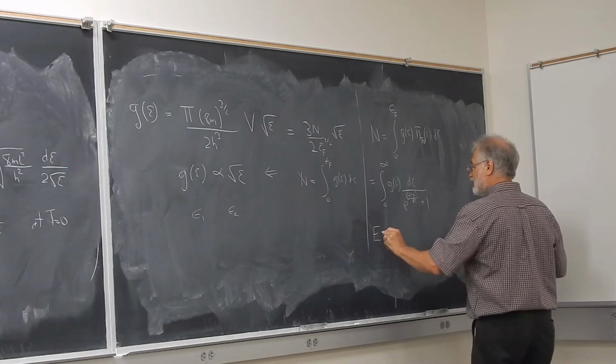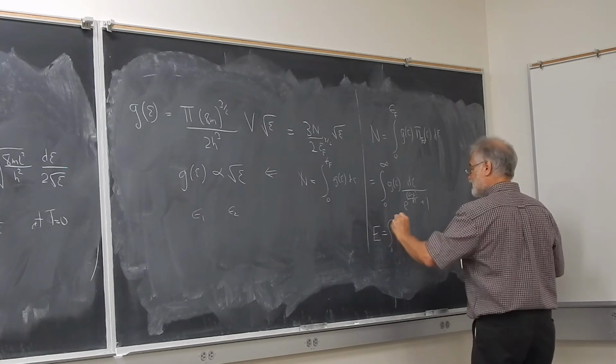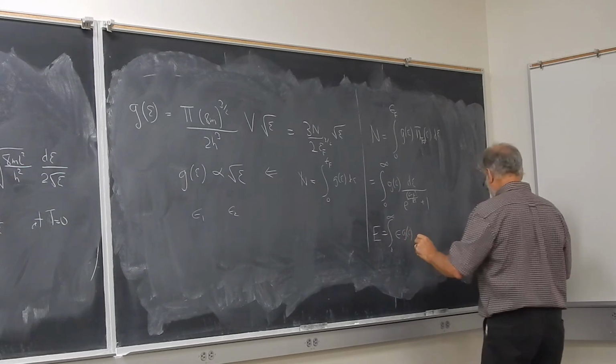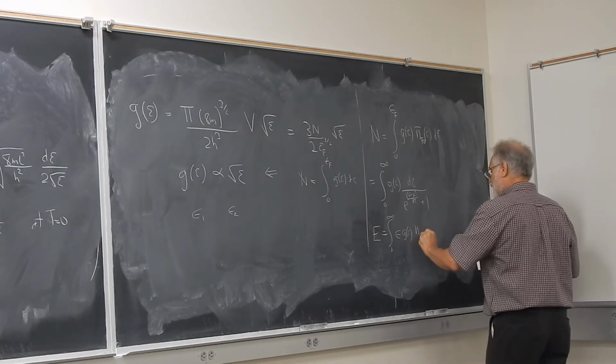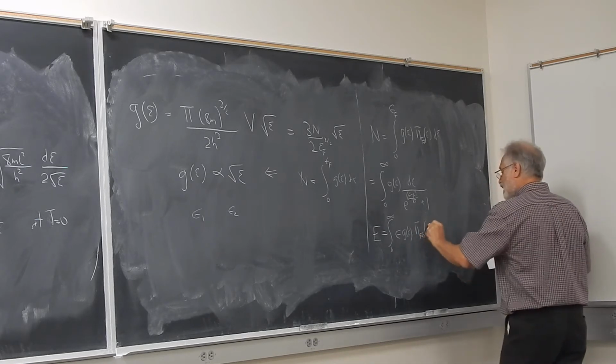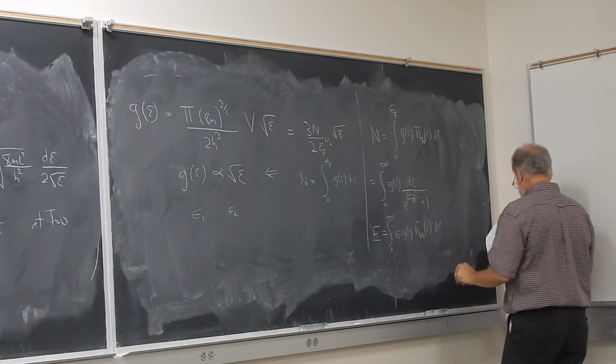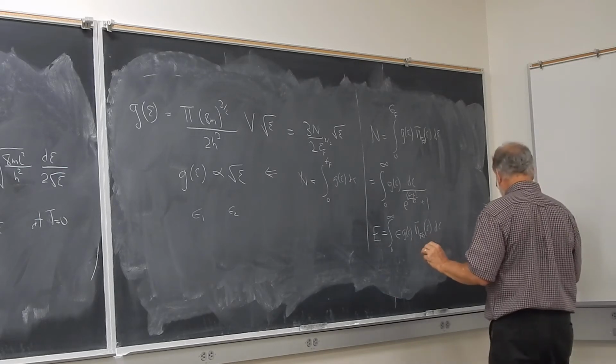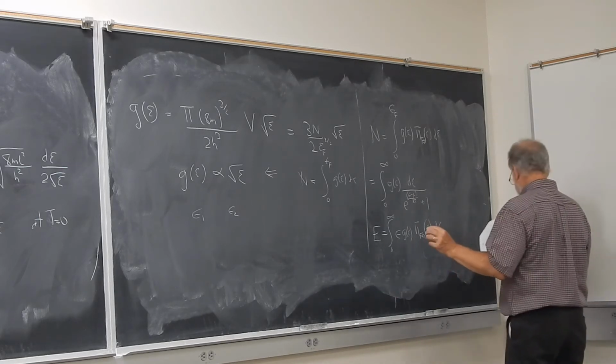The energy then I can write as the integral from 0 to infinity of E times g of E times the Fermi-Dirac distribution of E dE, and that will work for any temperature as well.